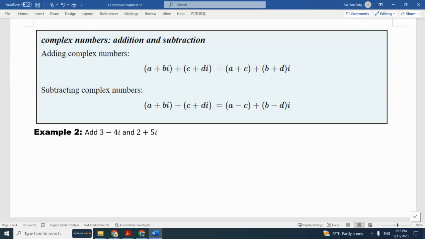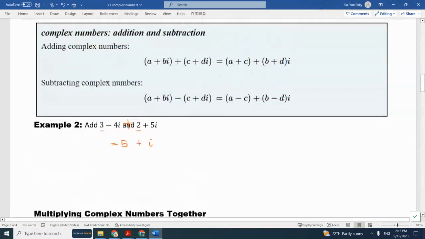Good. All right. So because it's addition, you add the like terms. So 3 plus 2 is 5, and plus i. Do you all get that, everybody? Combine the like terms? Okay.